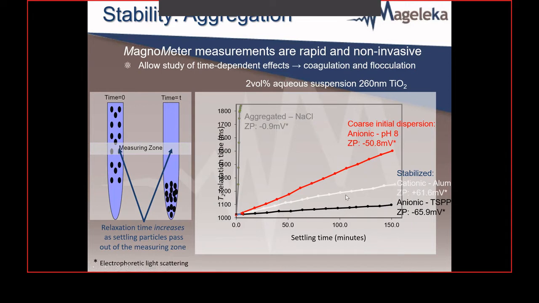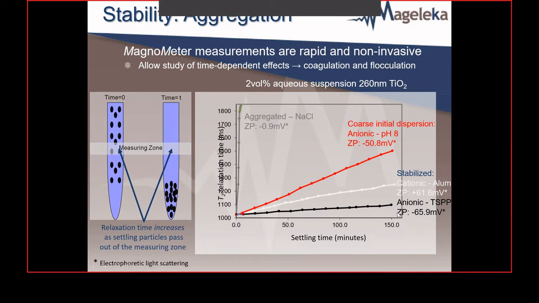But you can do even better by choosing tetrasodium pyrophosphate, which basically makes the surface even more negative in this case. And in this case, you see that you've got a much finer dispersion. And in fact, the settling rate is not quite 0, but basically it's really very low. In fact, I measured it over about 2.5 hours. There's very little change.